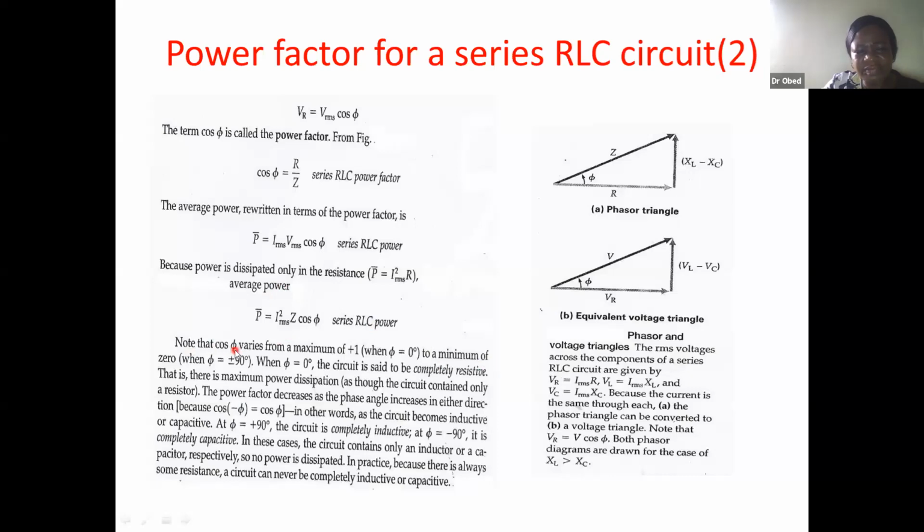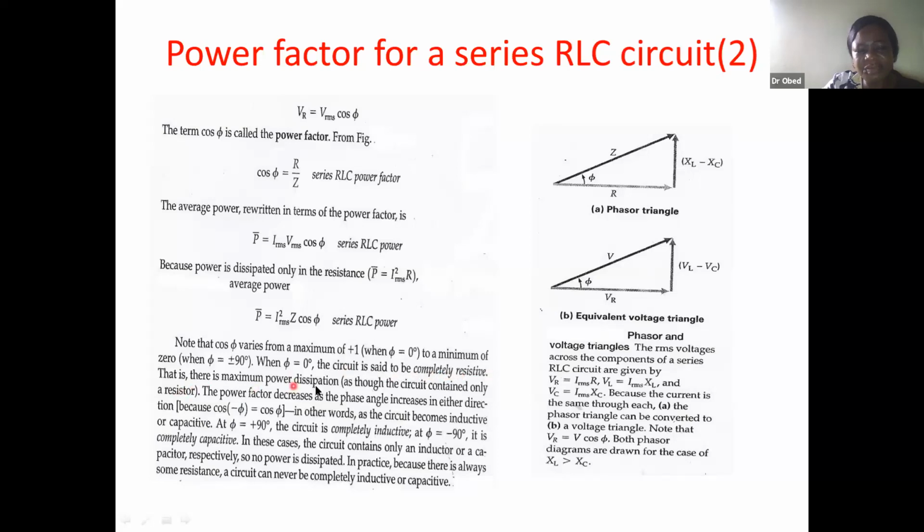Note that cos phi varies from a maximum of +1, when phi is equal to 0 degrees, to a minimum of 0 when phi is equal to plus or minus 90 degrees. When phi is 0 degrees, the circuit is said to be completely resistive.